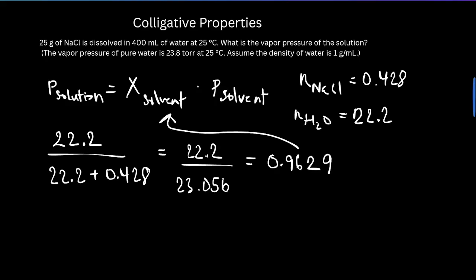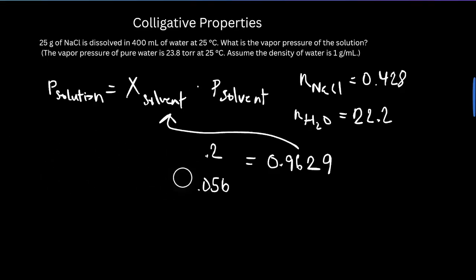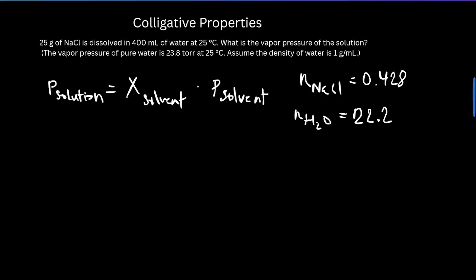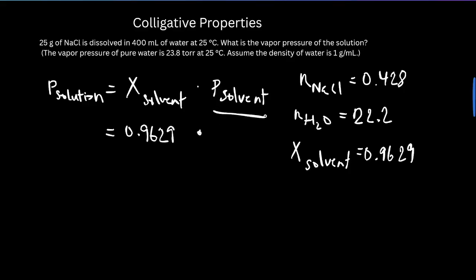Finally, we can calculate the vapor pressure of our solution. How do we do this? Again, the mole fraction of our solvent is 0.9629. And according to this formula, the vapor pressure of the solution is simply going to be equal to 0.9629 times the pressure of our solvent, which is given to us in the problem.